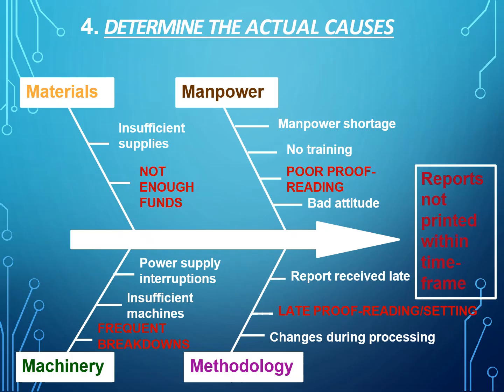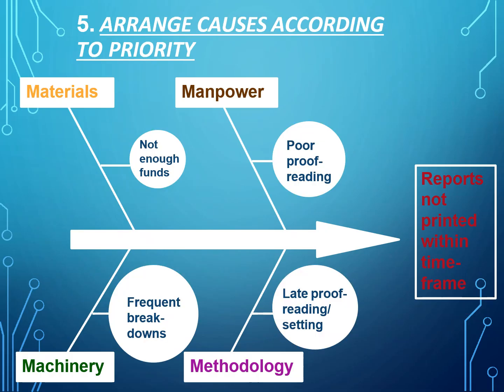The final step is to arrange these actual causes by priority. Among those actual causes, we need to set a different priority to them respectively, and this prioritization allows us to attack the biggest logistical bottleneck first.